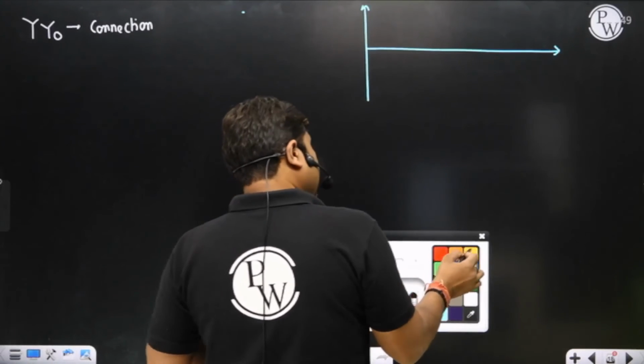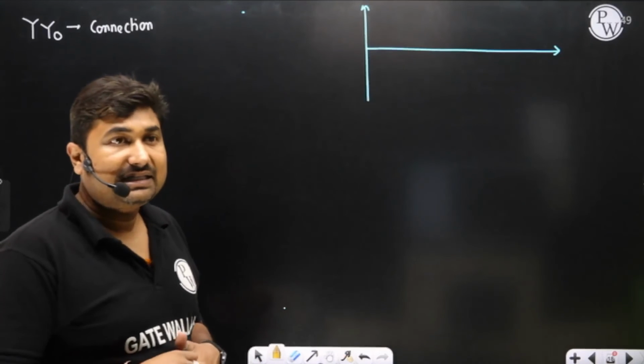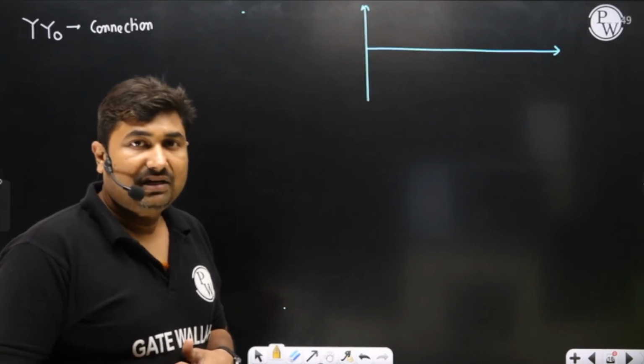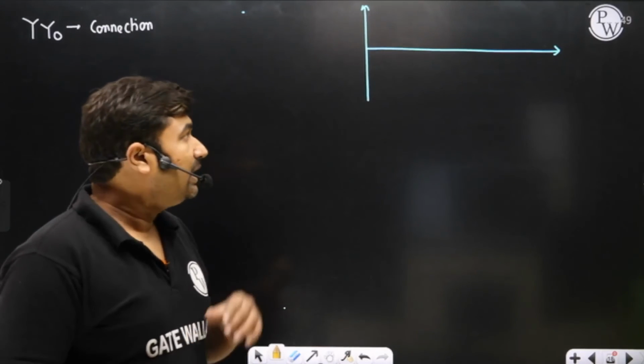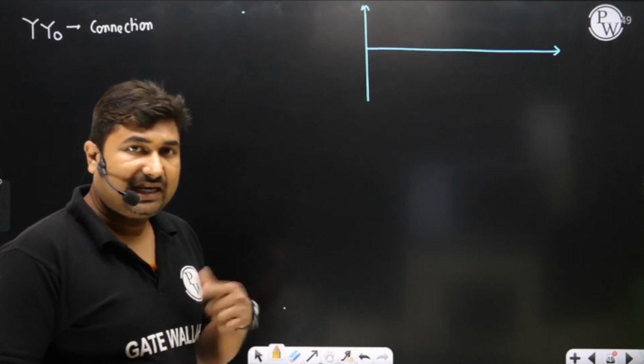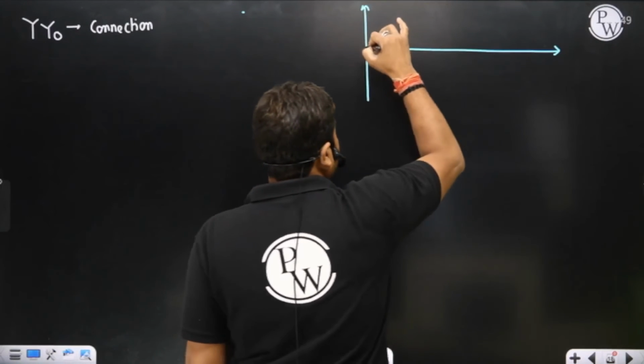So I want to design a star-star 0 connected 3-phase transformer, which means HV side line to line voltage and LV side line to line voltage should be 0 degree displaced. So now please observe here.